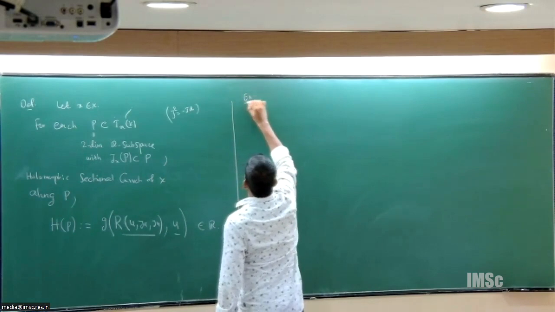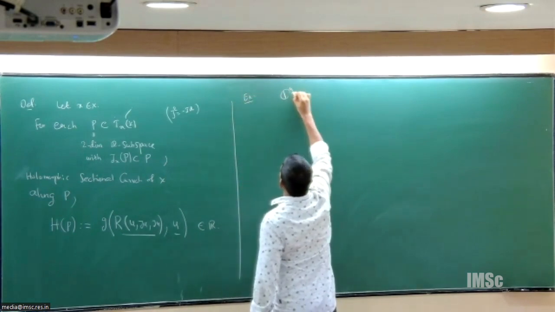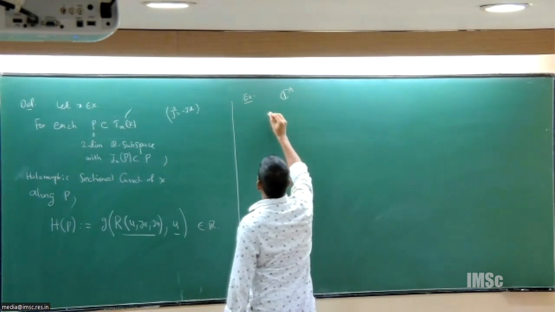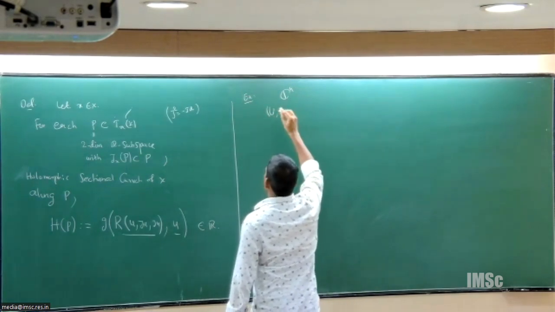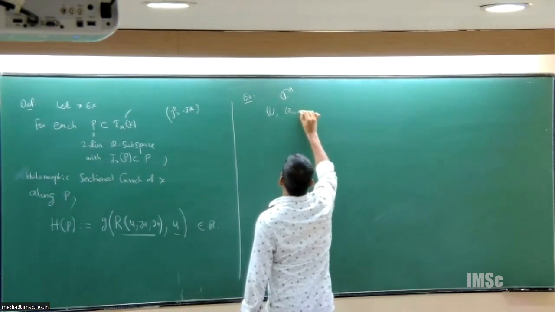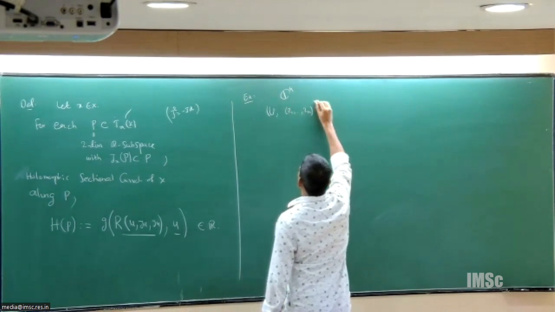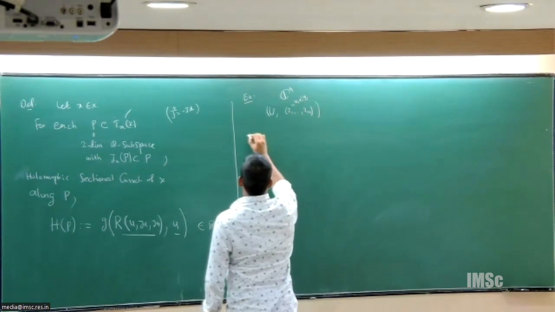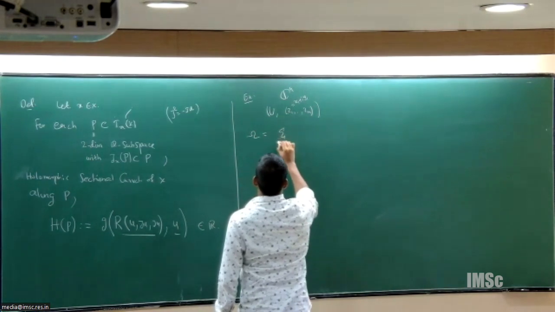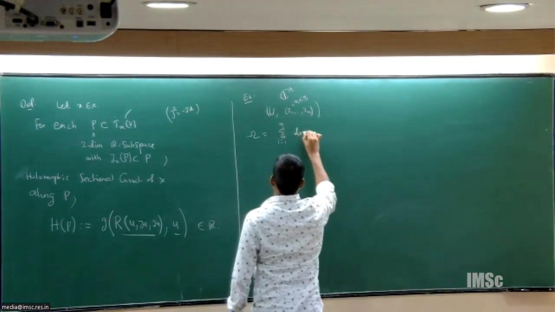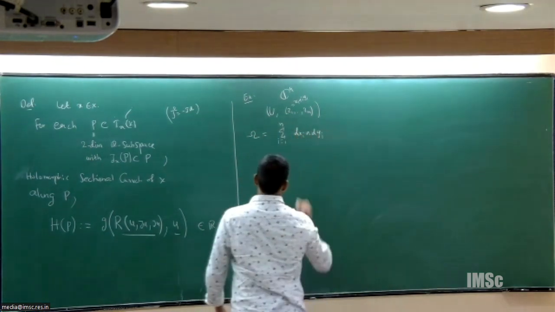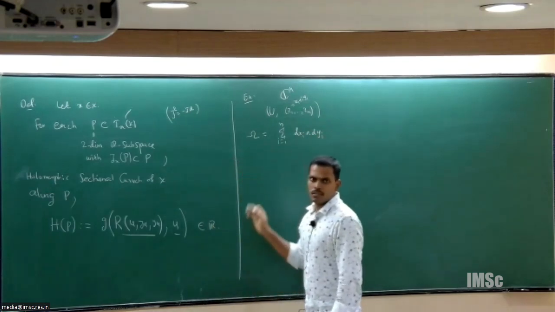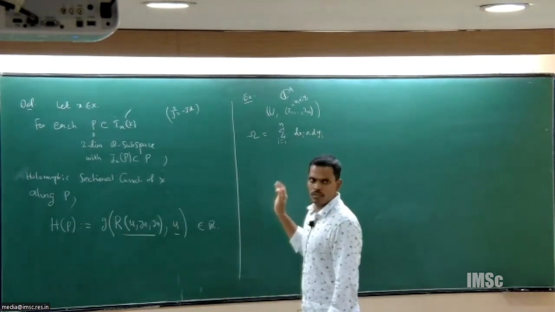So let us see an example. C^n, with the usual complex manifold structure. Then the Kähler form, for local coordinates, we can write as the sum of dx_i wedge dy_i, and this has holomorphic sectional curvature 0 everywhere.